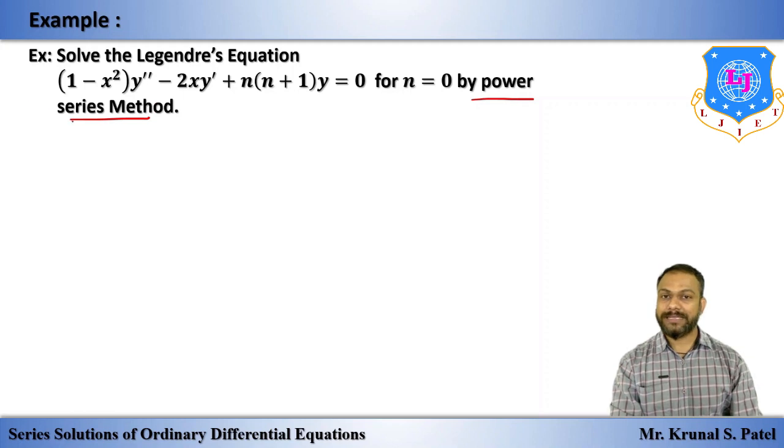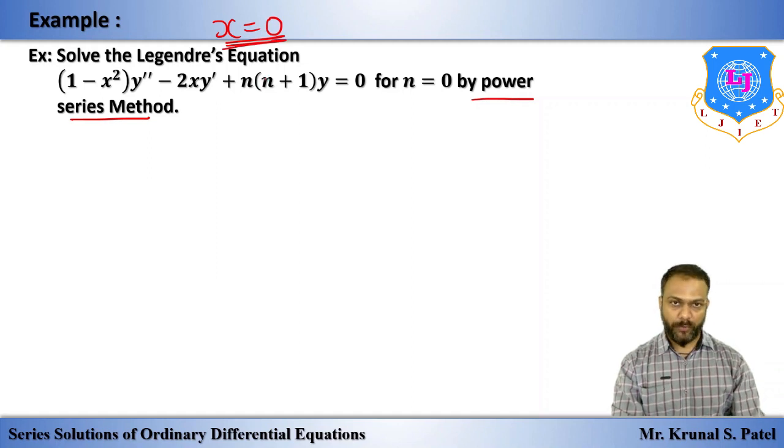So now, as I told, we have to compulsorily check whether x is equal to 0 is an ordinary point or a singular point. That is our first task. For that, I am giving you a shortcut: you have to check only that if the coefficient of y double dash becomes 0 at x is equal to 0, then x is equal to 0 is a singular point.